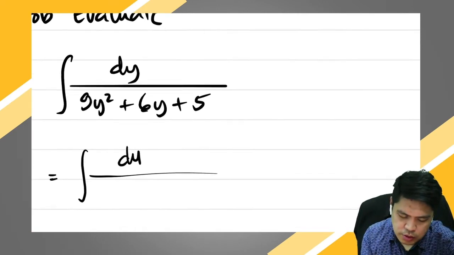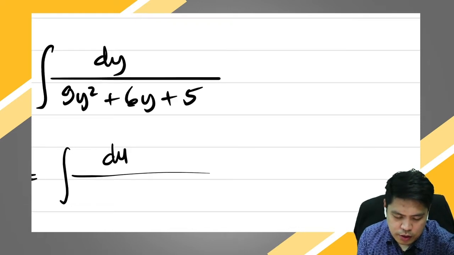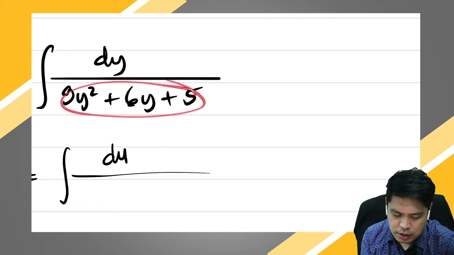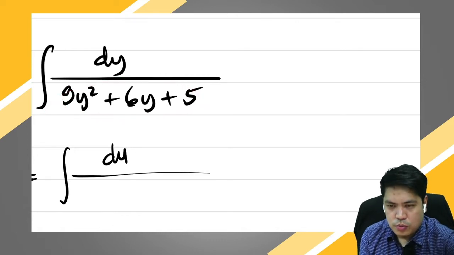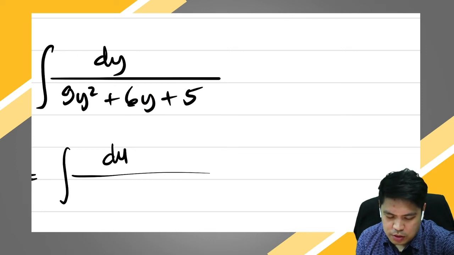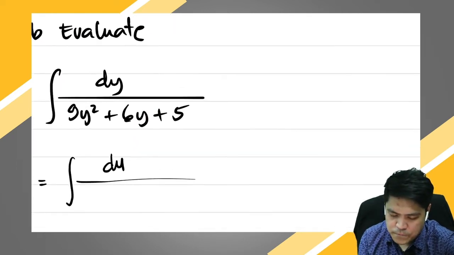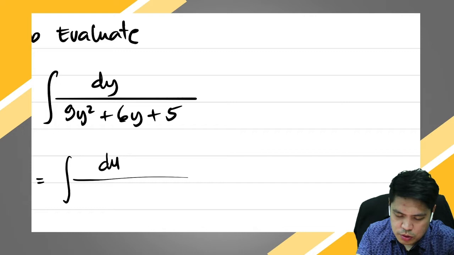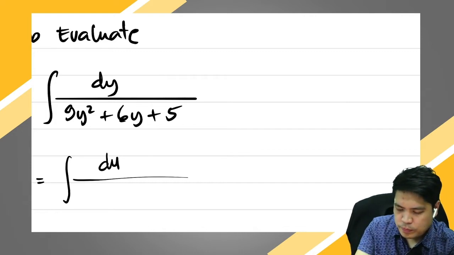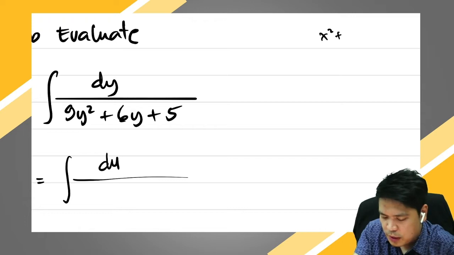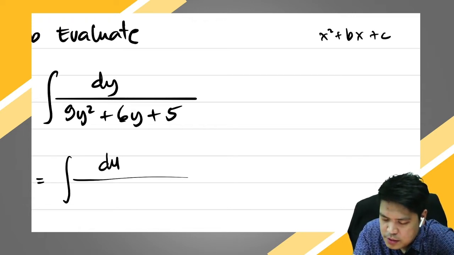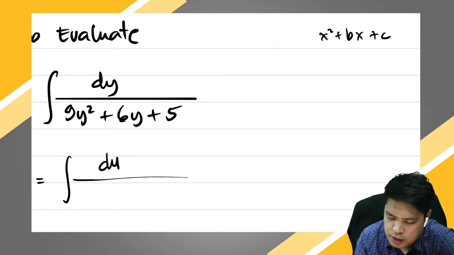Okay, let's look at the denominator. What number should we add to this to make this a complete square trinomial? Okay, so if you recall completing the squares, if we have a function x squared plus, let's say, bx, wag natin lagyan ng c.